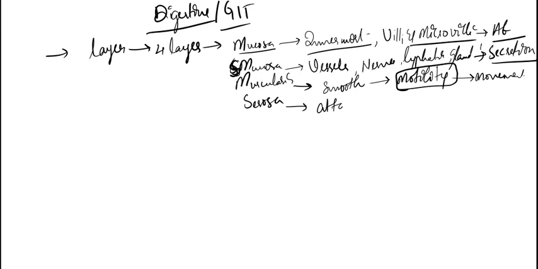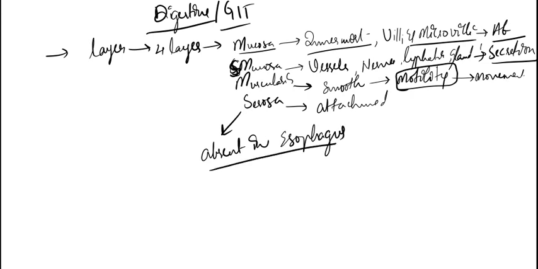Serosa is the outermost layer, so obviously it is for attachment to adjacent components. But remember, serosa is absent in the esophagus. In the esophagus it is known as adventitia.